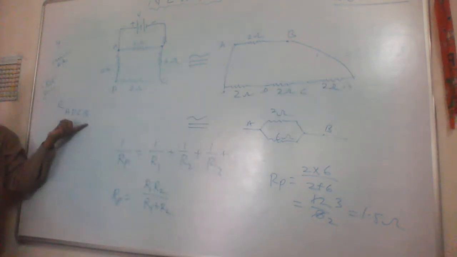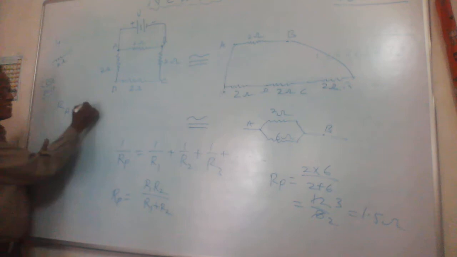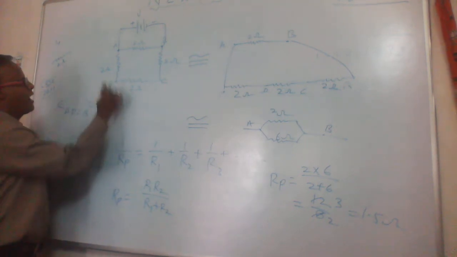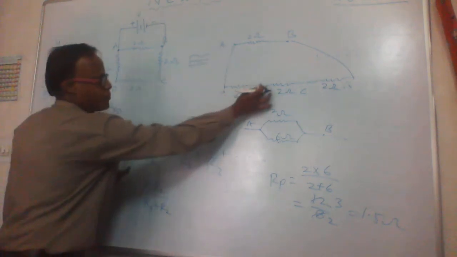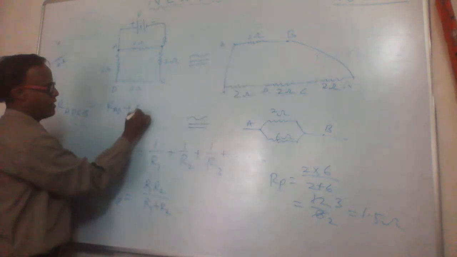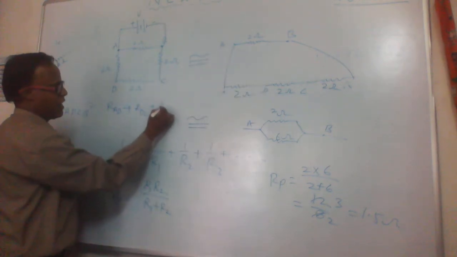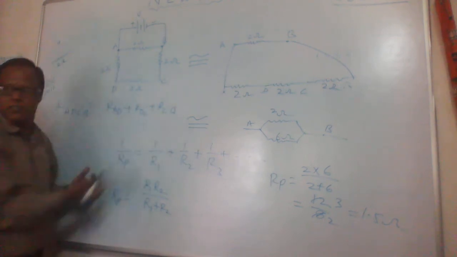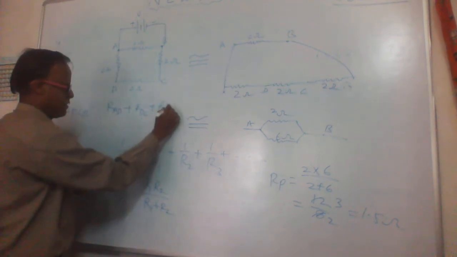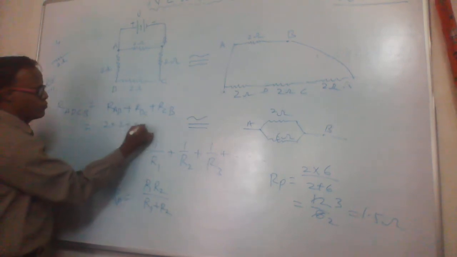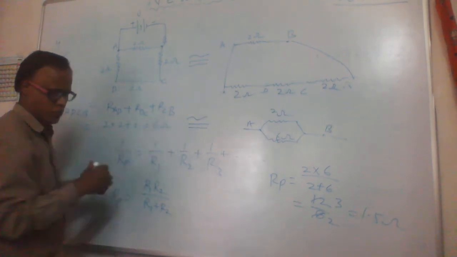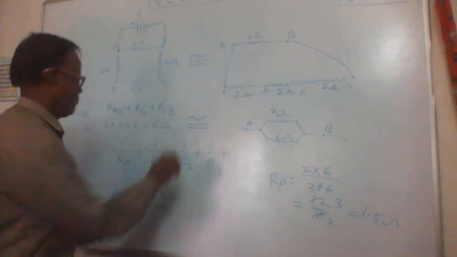If I write it down like this, this is equal to R AD, this is your AD point, plus R DC plus R CB. This is equal to 2 plus 2 plus 2 equal to 6 ohm.